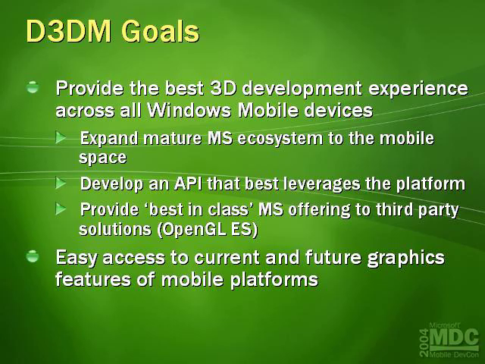The final goal that's extremely important to us is to be able to access graphics features not only now, but tomorrow. Hardware is developing very fast in this space, especially graphics hardware, which is emerging at a far more rapid rate than on the desktop. 2D acceleration is now fairly common. 2D plus forms of 3D are emerging. It's only a matter of time, most people believe, until full 3D pipelines are available in mobile devices.